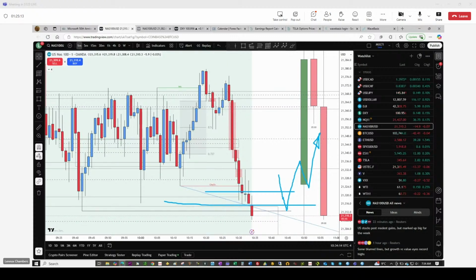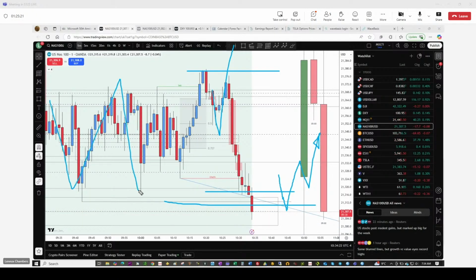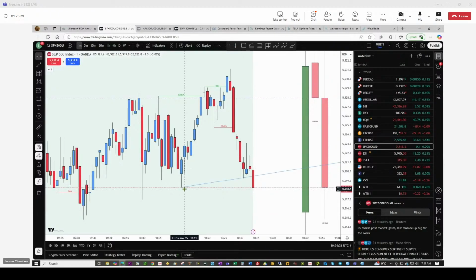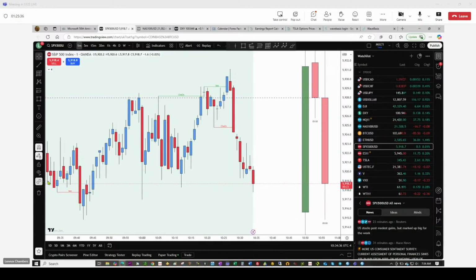So big turn of events here. It looked like we were ready to go out of here and continue up. But they said, no, we're just chopping everybody up and we're taking everybody out. So that's all there is to it. And that's okay. S&P has taken the low, so there's no more divergence happening. So they might still not take all the lows.